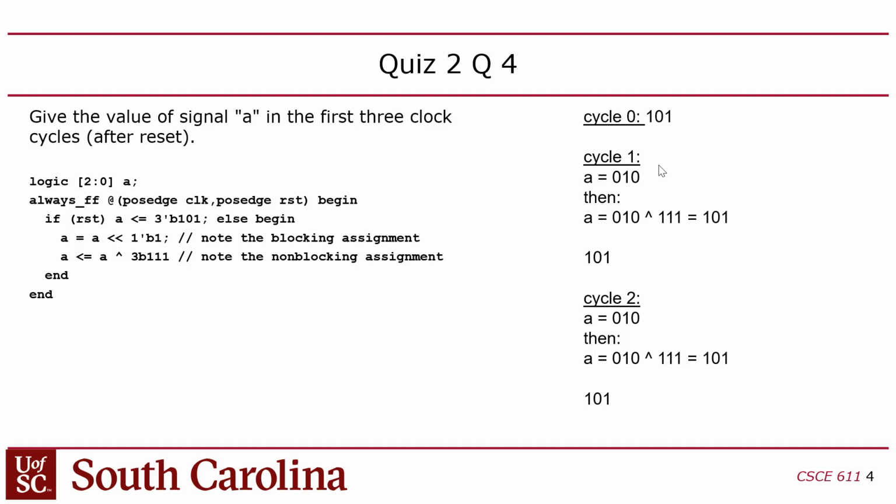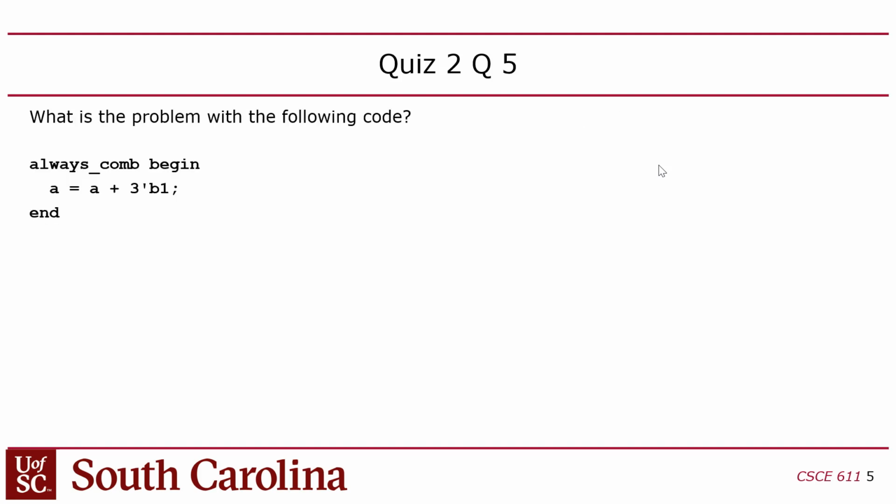It would have just been overwritten by the second statement. Again, just to clarify, you can assign a value multiple times in an always block, but the only one that counts is the one that happens last, right?